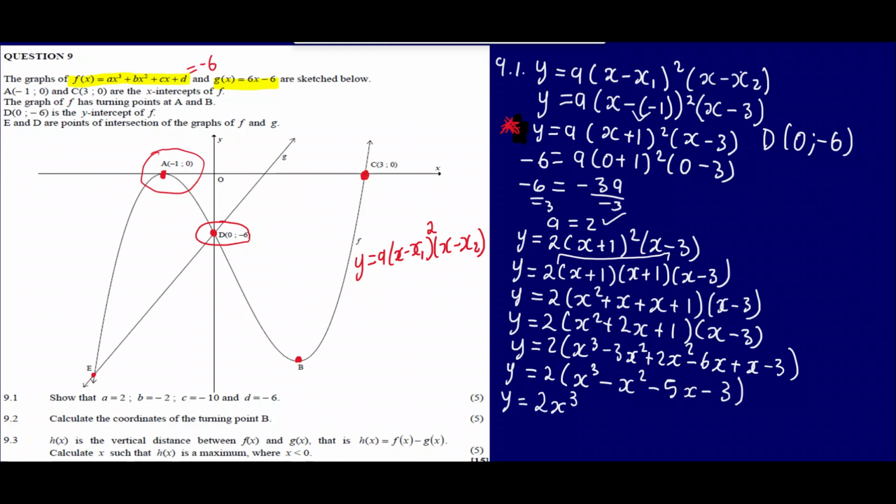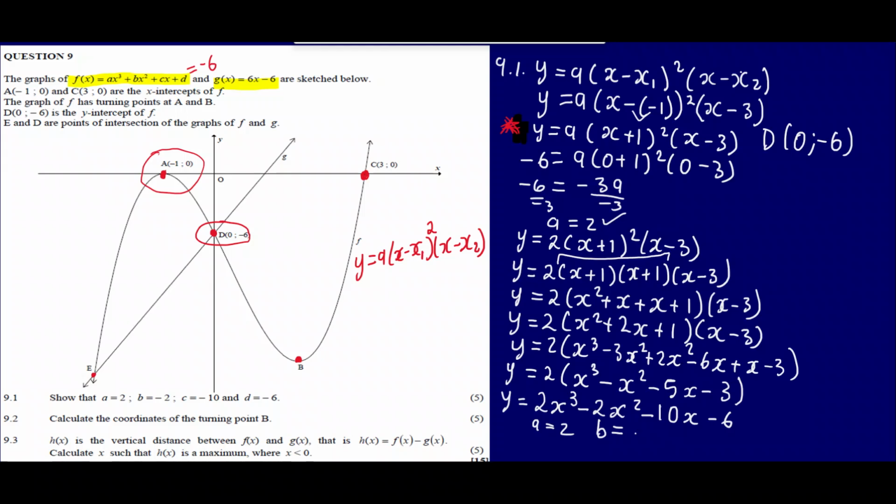So now we can multiply with the 2. You need to be a little bit careful with this, because once you make a mistake of the sign or any unnecessary mistake, you will lose marks because you will not be able to get your values, right? So we can see that the a value there is going to multiply inside here, and then we will get that, and then we'll get minus 10x, and we'll get minus 6.